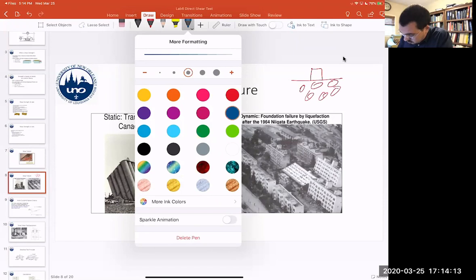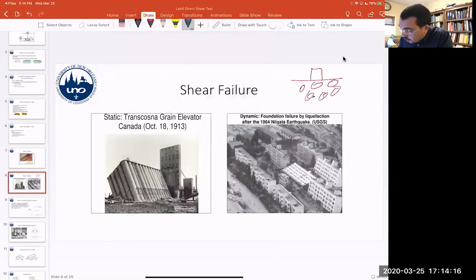With some form of cyclic loading, this water will basically surround the whole soil and it'll become like a liquid, and this building will sink in. I'm being very simple in explaining liquefaction. It's a very important thing for people in Japan and California, because they have a lot of these granular soils. We have to worry about water, which is very bad as well when it comes to soils.